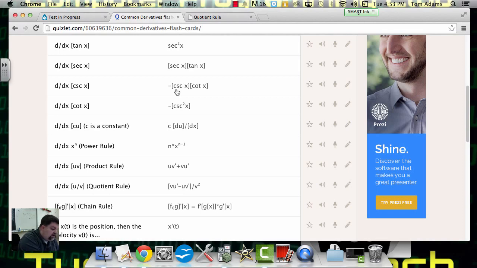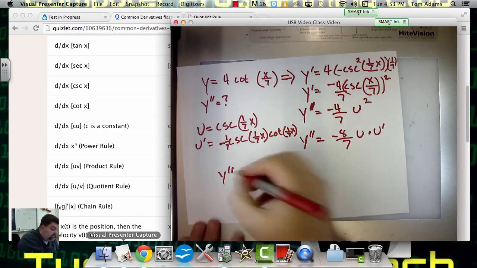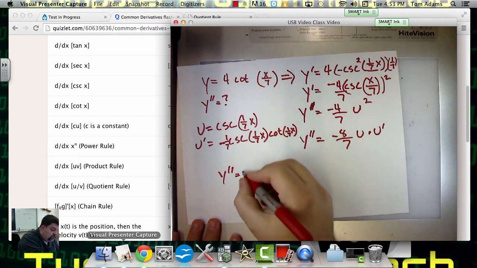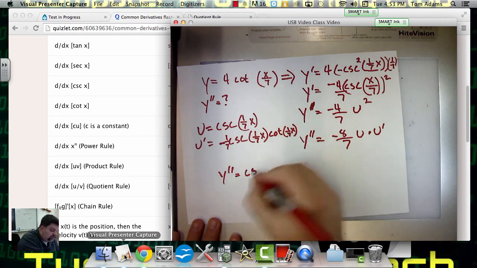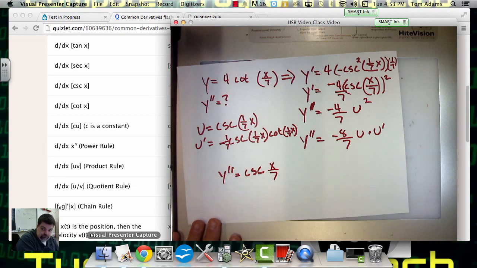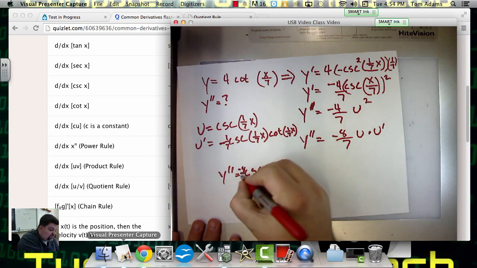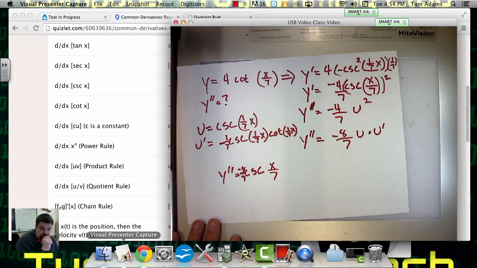So if I write out y double prime, it'll look like this. Y double prime then would be u, which is cosecant x over 7, times negative 8 over 7, and I'm going to put this in parentheses.